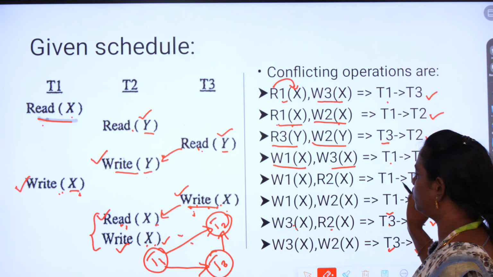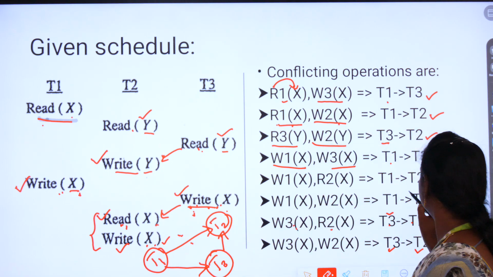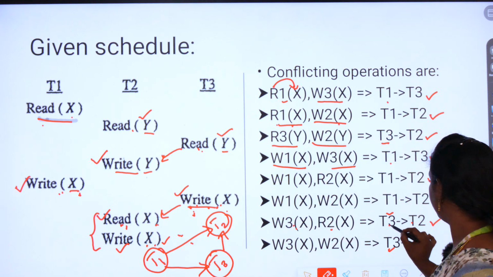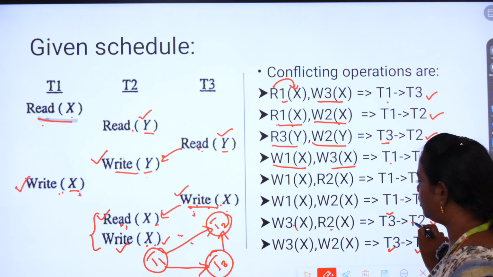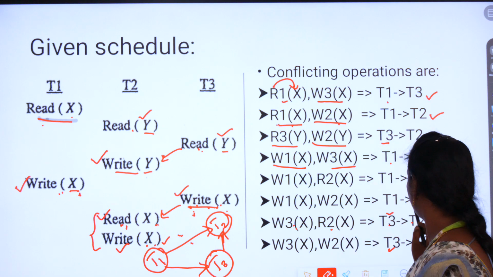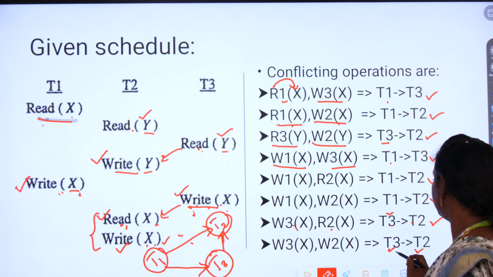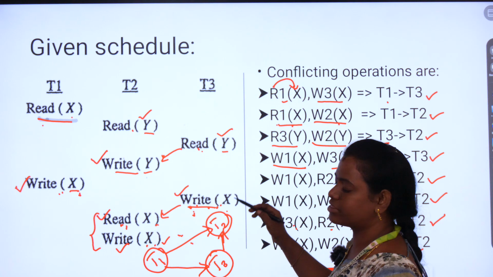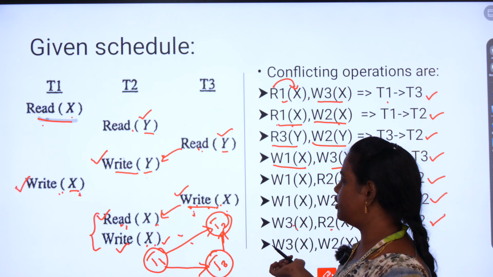Next, T3 to T2 already has an edge, so no need to draw it again. Now we have formed the precedence graph for this schedule.